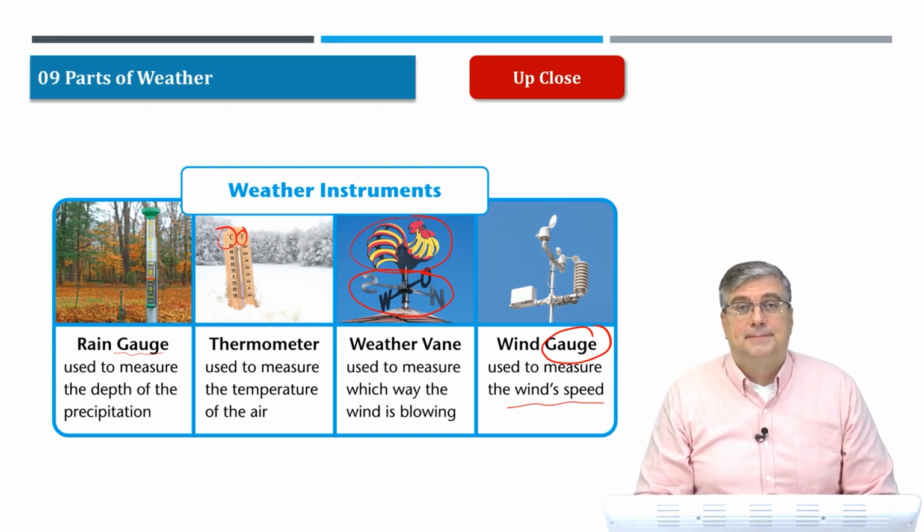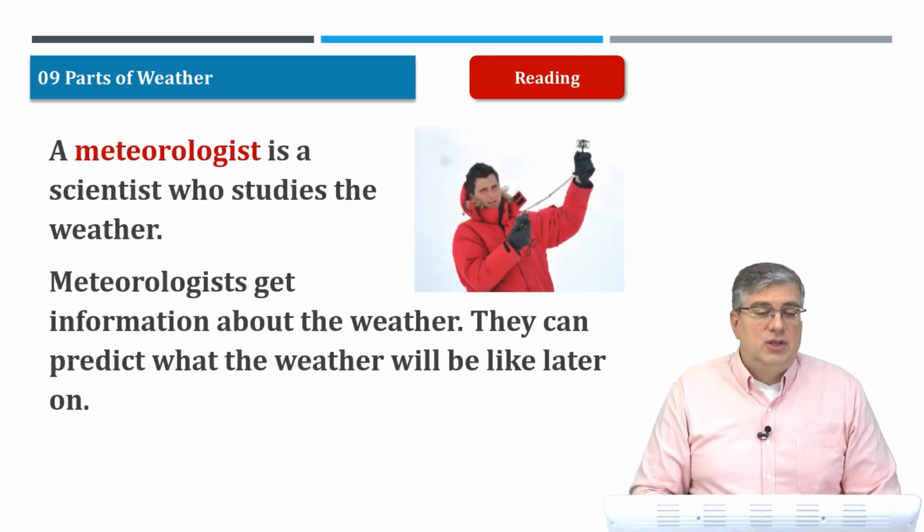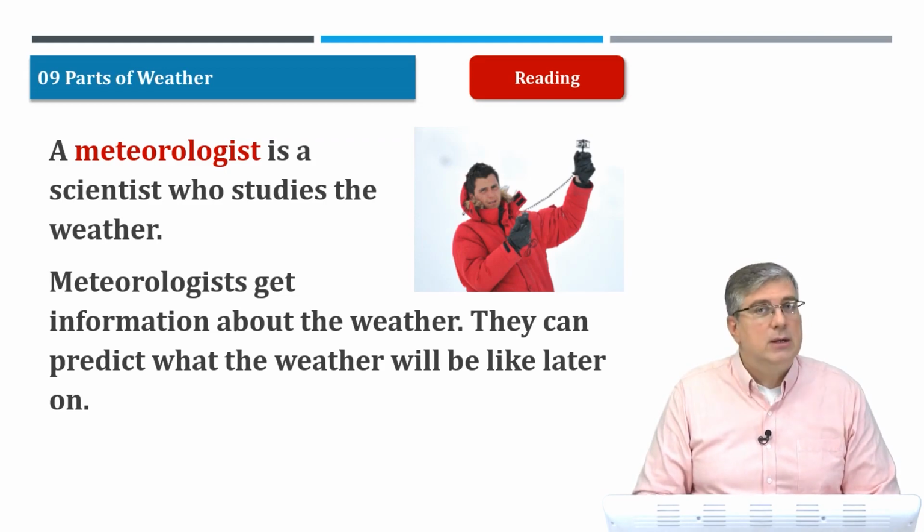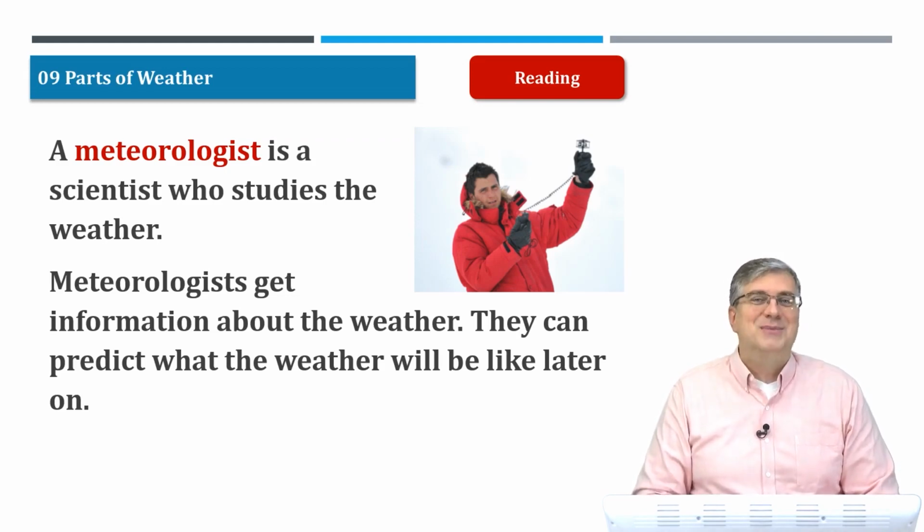Okay, good. Okay, the reading passage is about parts of the weather, and we're taking a look at meteorologists. Remember, meteorologists, they don't study meteors, they study the weather. Okay, so be careful with that word. Okay, a meteorologist, a little bit difficult to pronounce, right? Meteorologist. A meteorologist is a scientist who studies the weather.